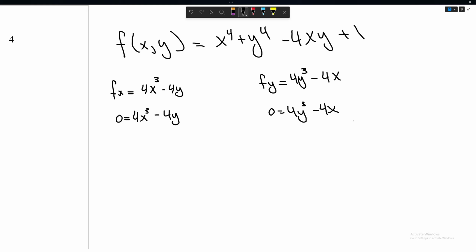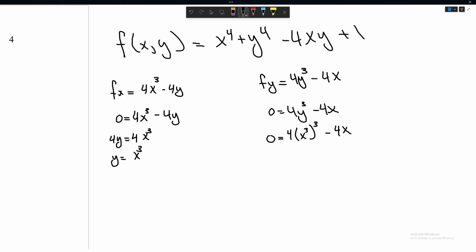And you see here, these are pretty similar, so it doesn't matter which one you isolate for, it works. I'm gonna go ahead and isolate for this one. So I get 4y equals 4x cubed. Now I divide by 4, y equals x cubed. Now I'm gonna take this, sub it in here. 0 equals, I'm gonna sub in, so I get 4x cubed to the 3 minus 4x.